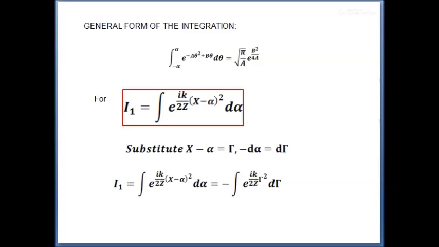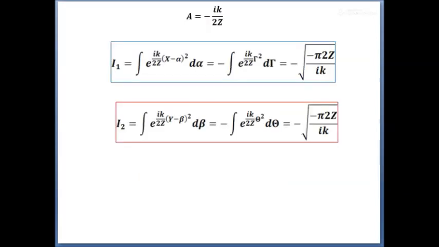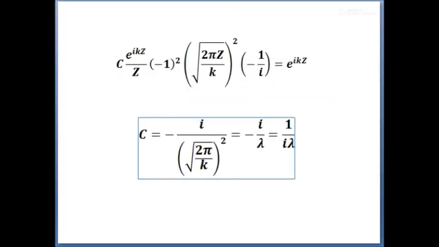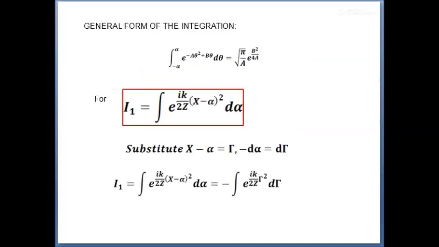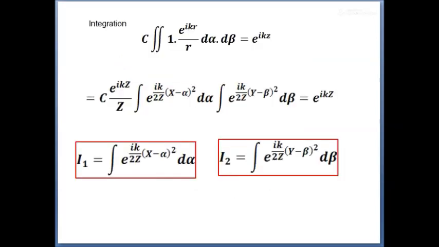Okay, now when you get these things, you just put I1 and I2 in the previous equation, in here, the values of I1, I2 and for Iz.